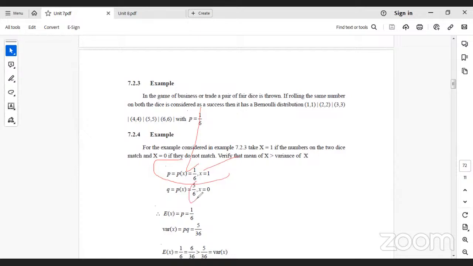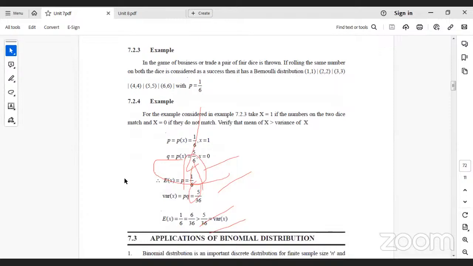E of X is equal to P, that is 1 by 6, and PQ is equal to 1 by 6 into 5 by 6, which is 5 by 36.